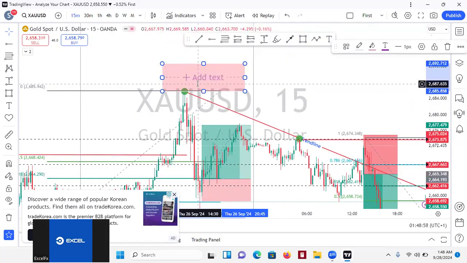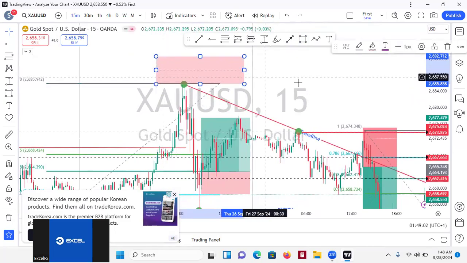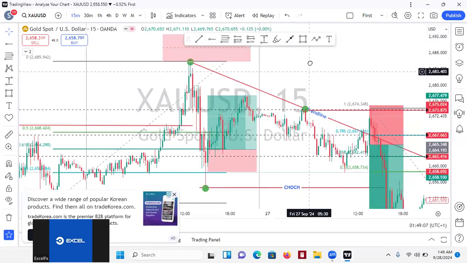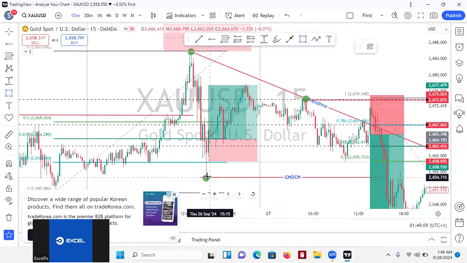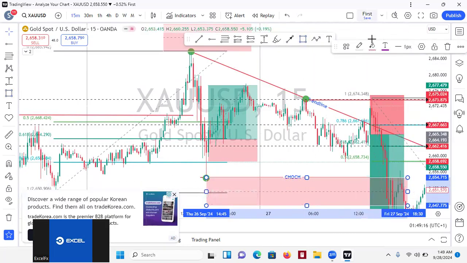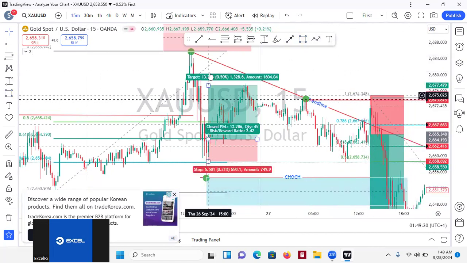All right, so this place is the resistance, and I apply this red to my resistance, and then we also have a support right here. This place is my support level. Okay, let me change the color to blue. I love changing the color so that I will know what I'm doing.